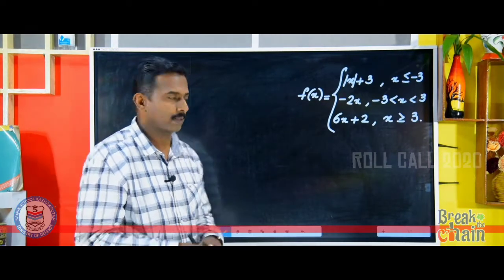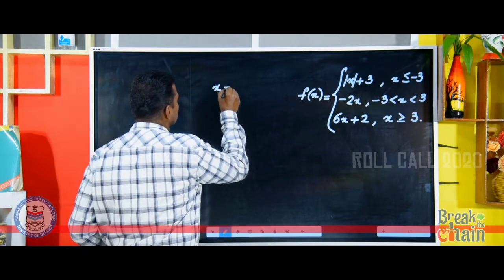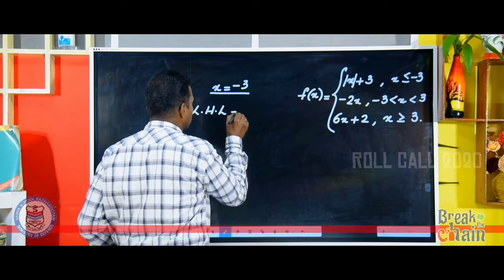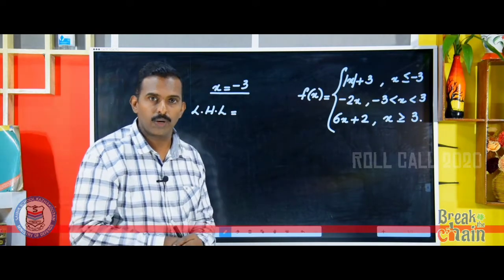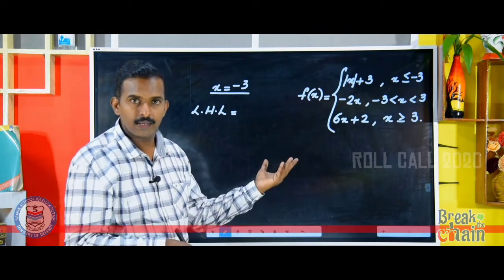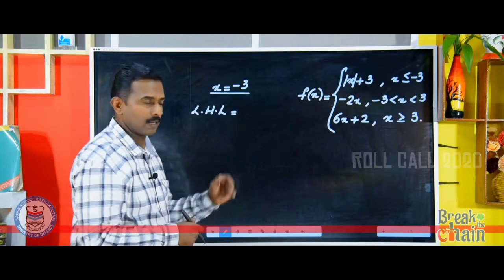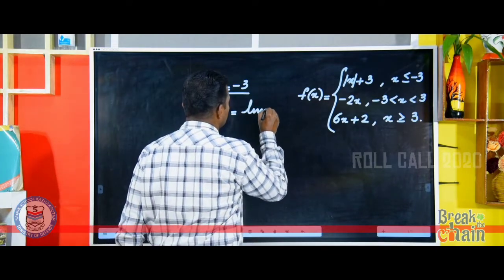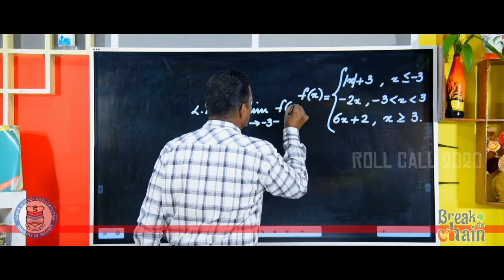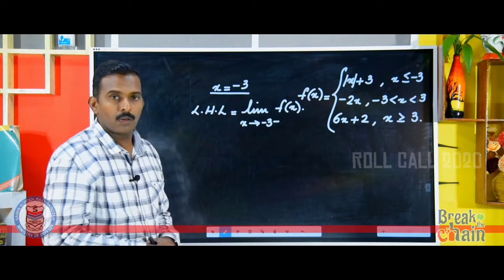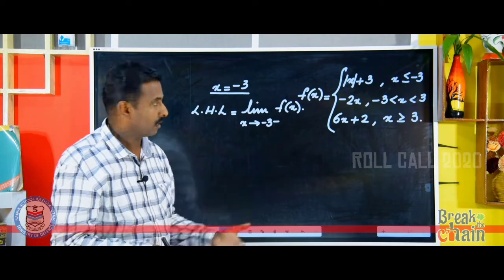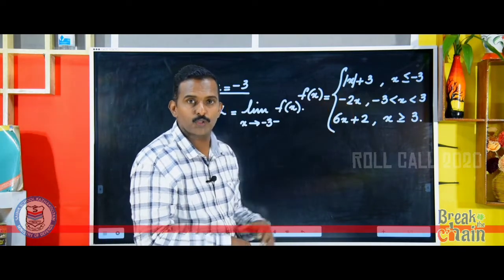We will check at -3. LHL and RHL are required, because the function is defined in different manners, to the left of -3 and to the right of -3. LHL. Now -3 minus, to the left of -3, less than -3, the function is defined as modulus of x plus 3.